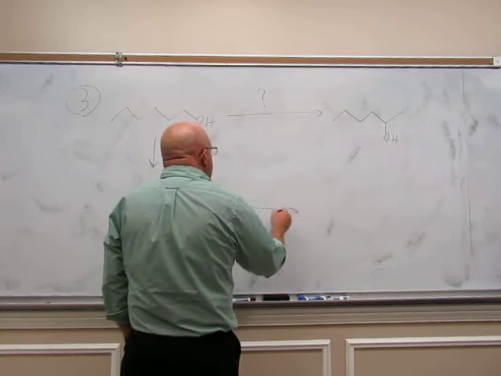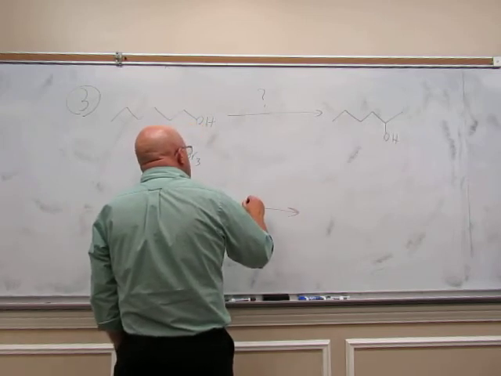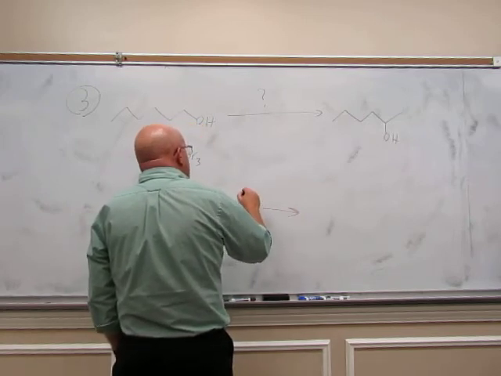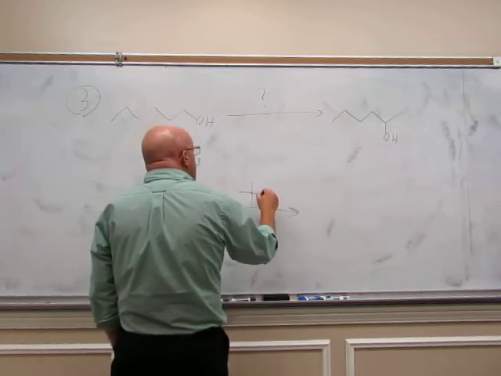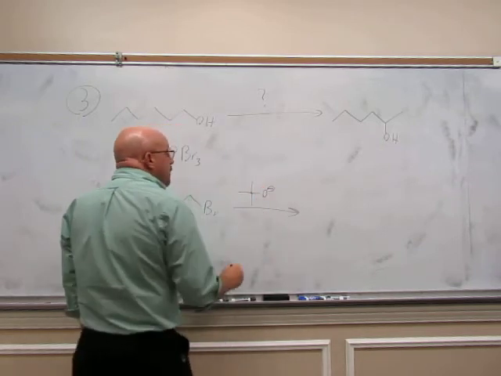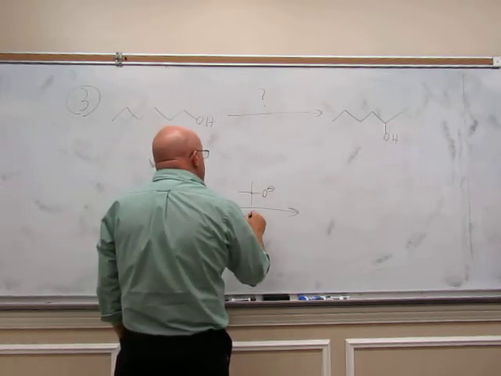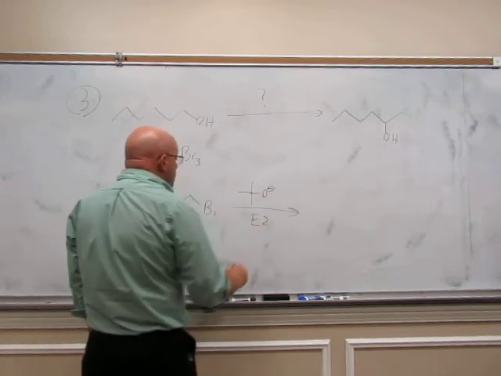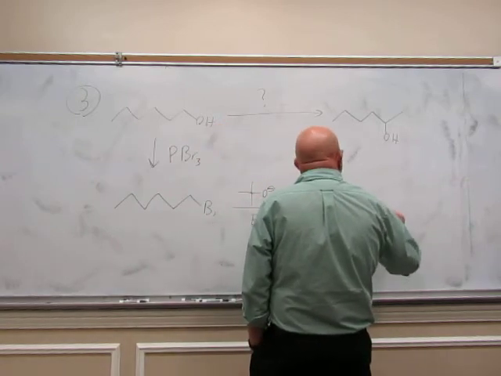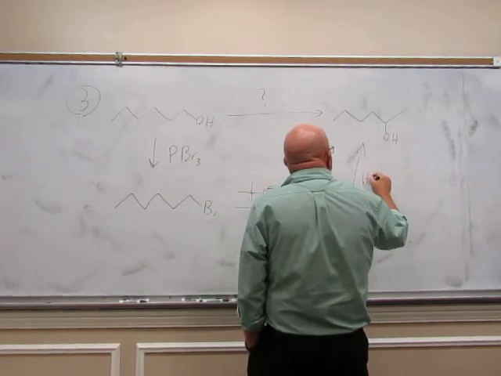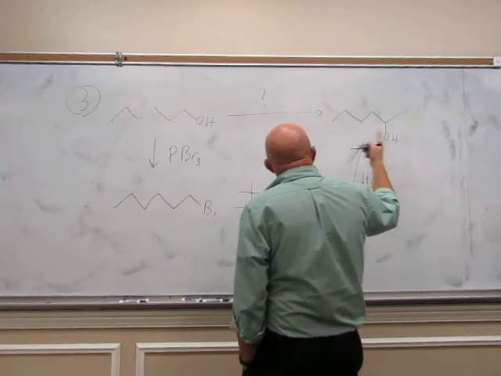And then we could make the alkene. Now primary alkyl halide, I'd have to use the bulky hindered base. The strong bulky hindered base would do E2, and that would give us the alkene. And then you could add acid and water, and that would give that alcohol.